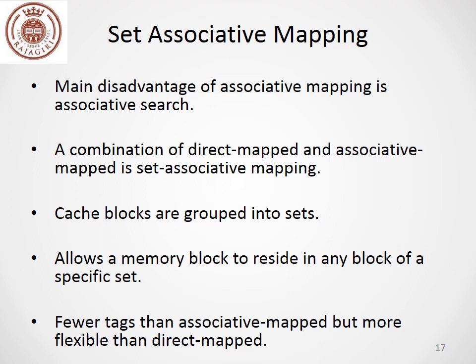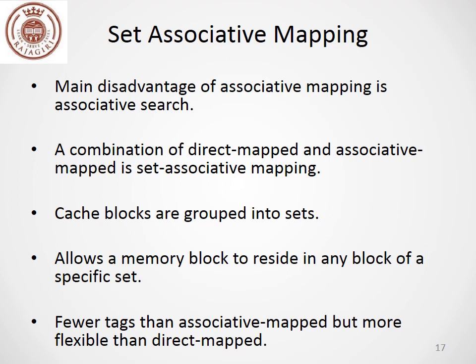Now to overcome this disadvantage, we go for the third method, which is known as set associative mapping. It is actually a combination of the concepts used in direct mapping and the concepts used in associative mapping. Here the new thing that is introduced is sets. The cache blocks are grouped into sets. The set size may be 2, or 4, or it can be any size, say k.